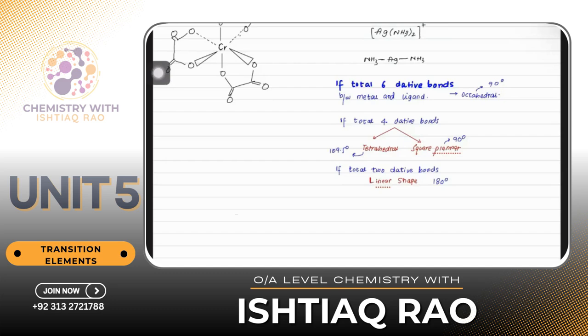We used to discuss the cis isomer and the trans isomer. Cis means the two groups are attached on the same side, and trans means the two groups are attached on the opposite side.